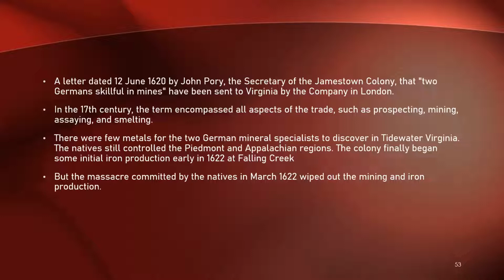And finally, they were able to do some iron forging when they made a little incursion into the territory held by the natives. But eventually there was a massacre of the settlers by the natives in March of 1622. And that wiped out the mining and iron production.